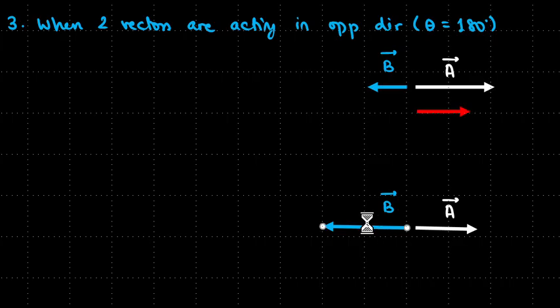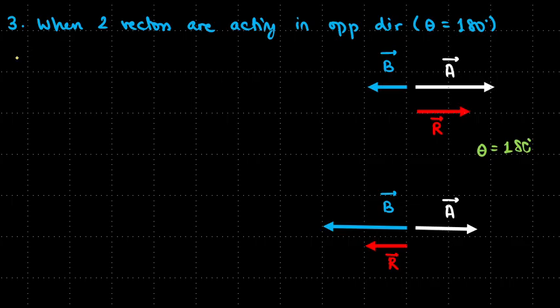And similarly, in this case, it's also going to be a little bit smaller, since a is also going to pull it back. So this is just a visual representation, and this will be our resultant r in both cases. And the angle between them is obviously 180 degrees in both cases.